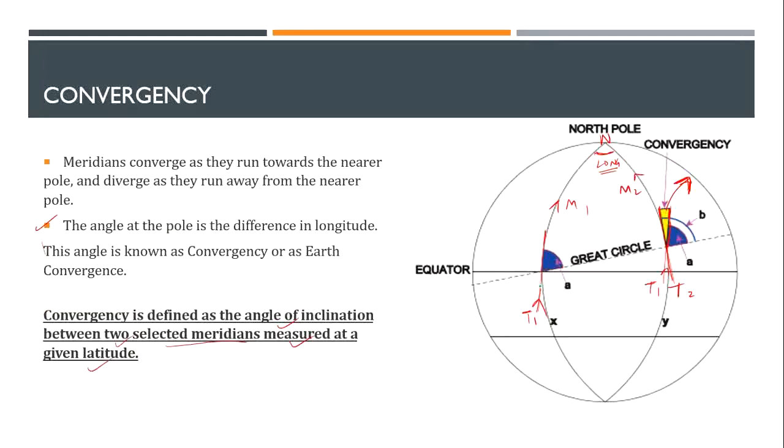The key thing I want you to see is that they exist because there is a change in the longitude. Let's take a position, this is A. This is B. There are two different positions here, A and B. Because A has some latitude and longitude, B will also have the same thing.